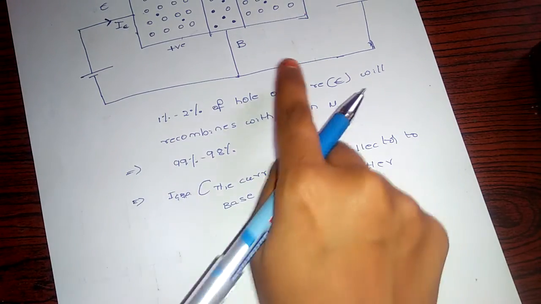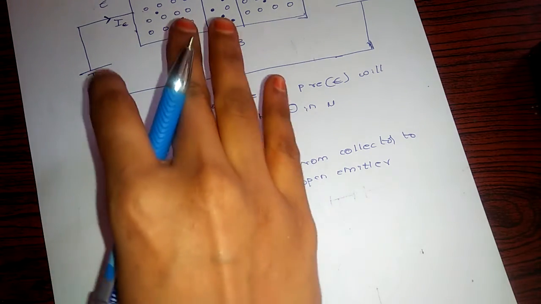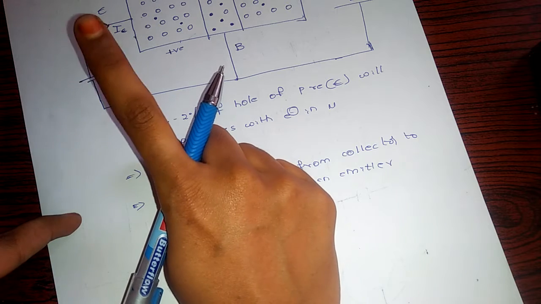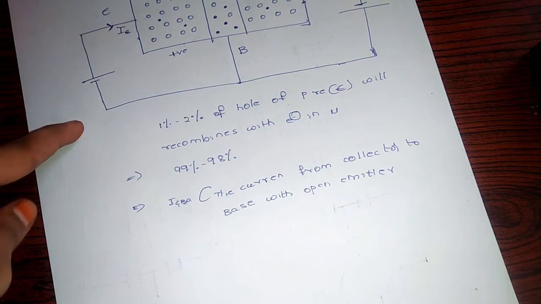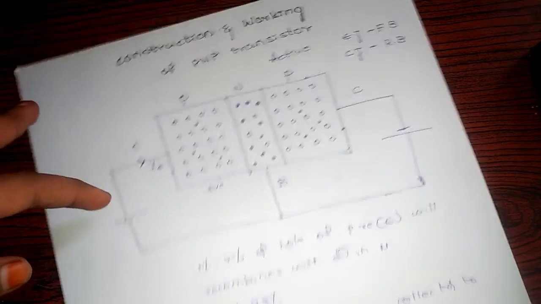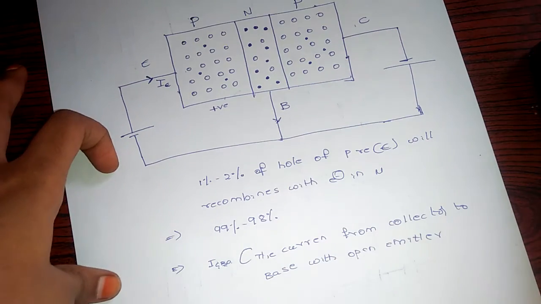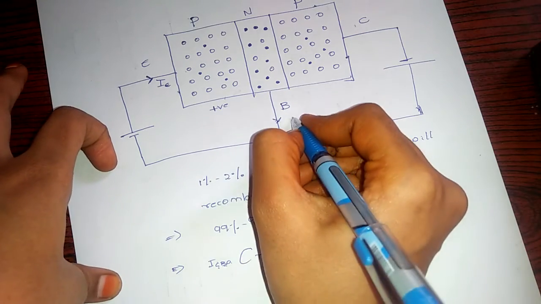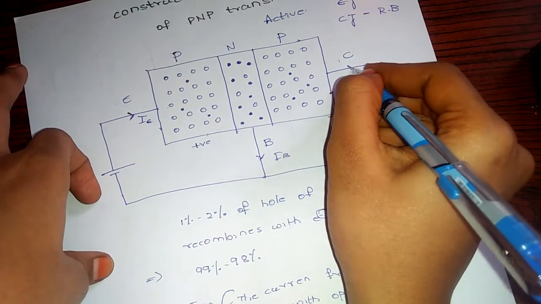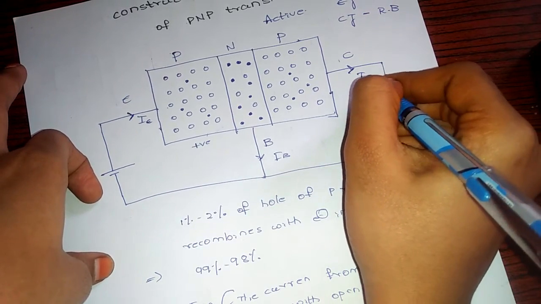So the current is flowing from collector to base with the emitter open, and even if voltage is not given, the current will flow. So finally you can give the terminations. The base current will flow downwards as IB, and the collector current will flow outwards.